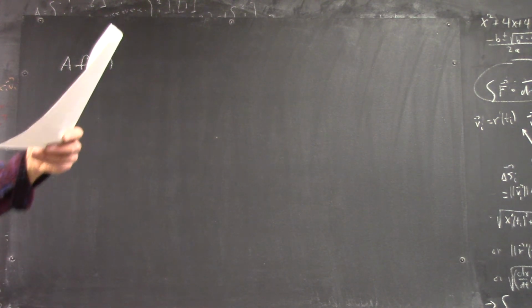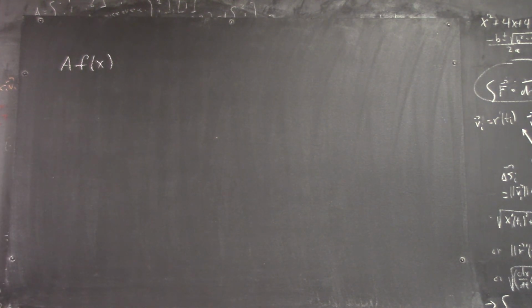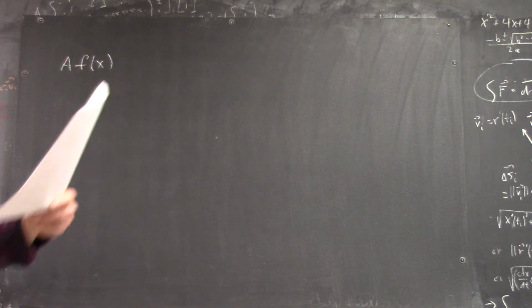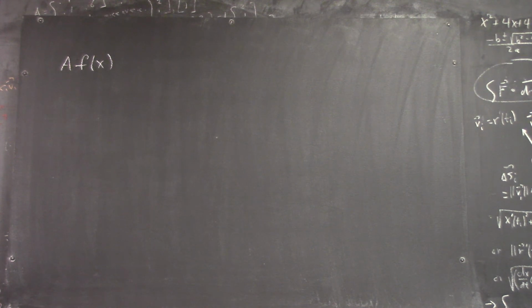Vertically stretch the graph of f of x, right? By factor a. Okay, every point moves a times as far from the x-axis. If a is negative, it moves on the other side. If a is smaller than 1, it moves closer, right? We've talked a lot about that.